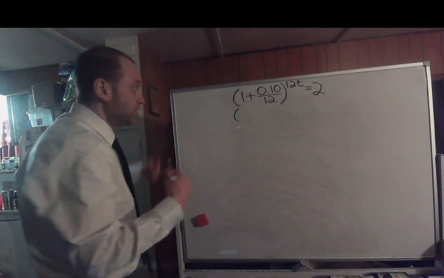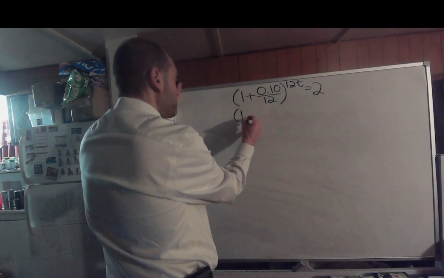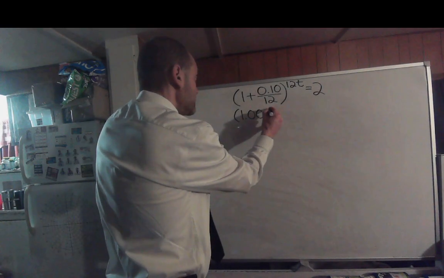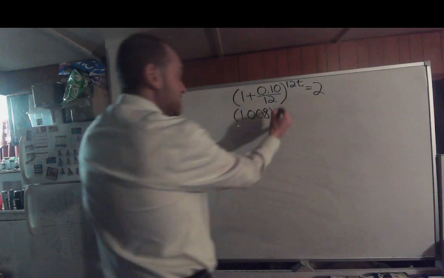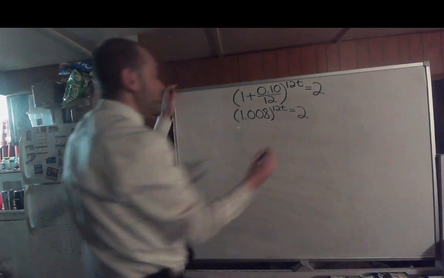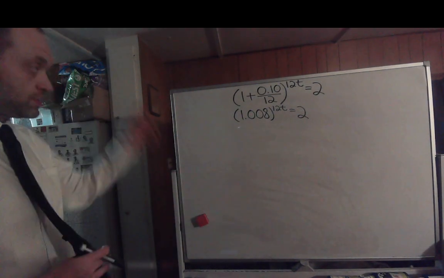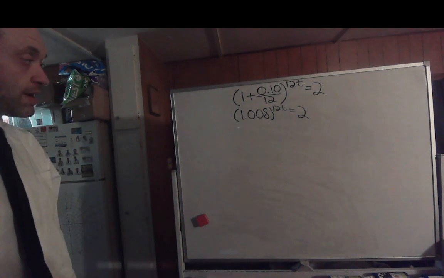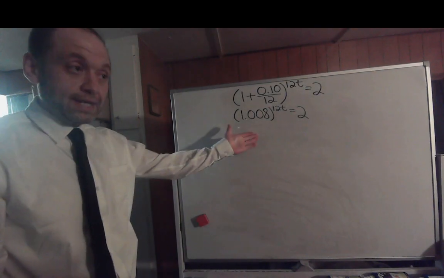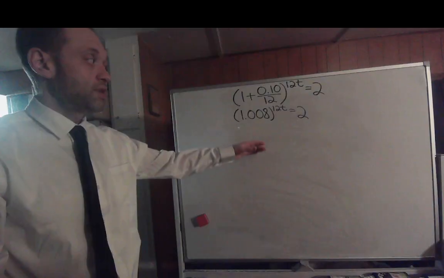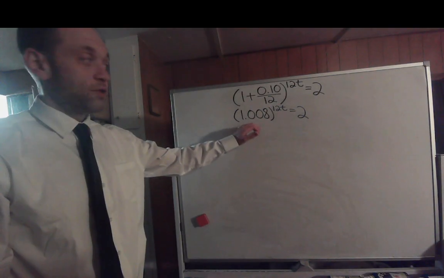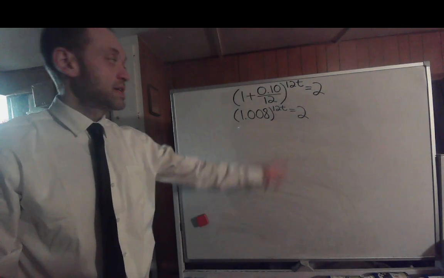So you get approximately 1.008, which would be raised to the 12t power set equal to 2. So this is not really pretty, but that's what it is by the time you did all the work in the parentheses. Now, your base is 1.008, and then your exponent's 12t.